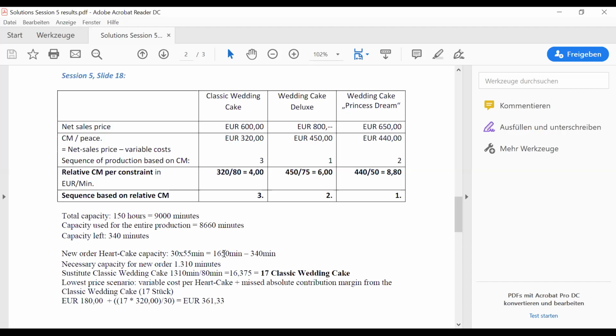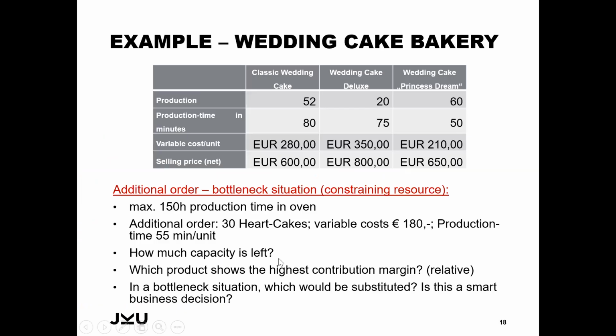Now, that is the question. I'm going back to our original slide. How much capacity is left? Only 350 minutes are left, but we need 1,650. So where do we take the 1,310 minutes from in order to be able to do that additional order?